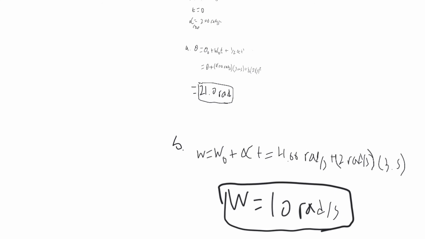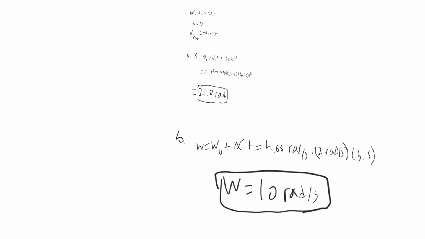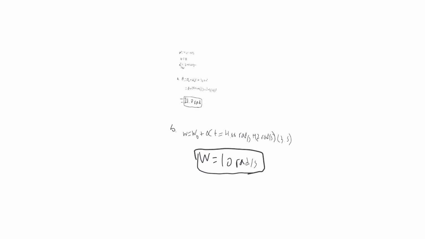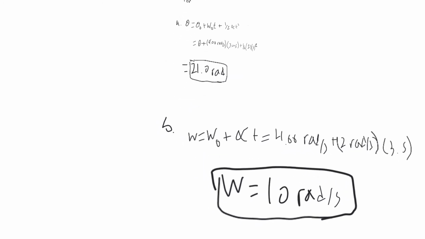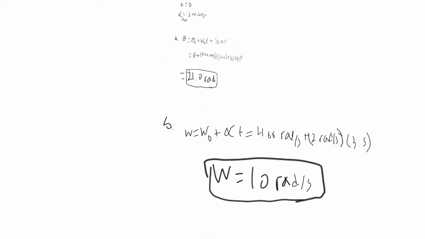Okay, and then it's asking us what the wheel's angular velocity is at 3 seconds, right? To find that, we know that the angular velocity is the initial angular velocity plus the angular acceleration times the time that we're looking at, which is going to be 3.